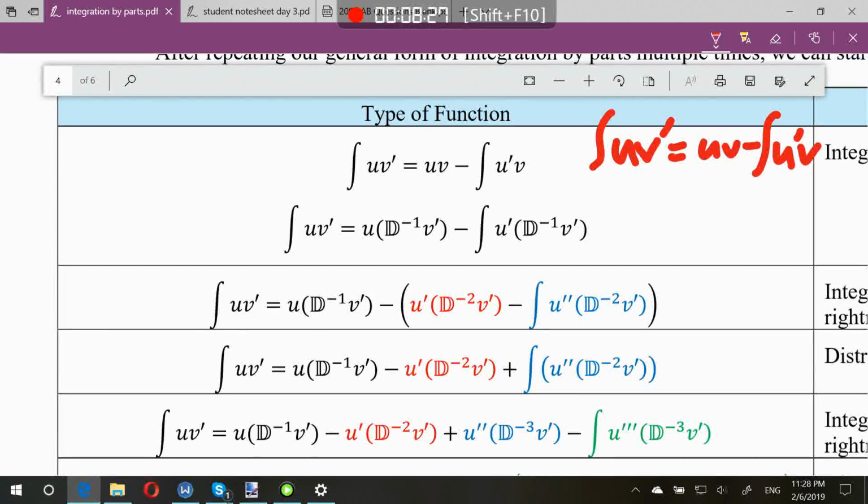Okay. If I distribute our subtraction sign, then I can start to see a pattern. Right now, when I've integrated, I had u times my first integral of v prime, minus u prime times my second integral of v prime, plus if I integrate this one and break it apart again, I get the second derivative of u times my third integral of v prime.